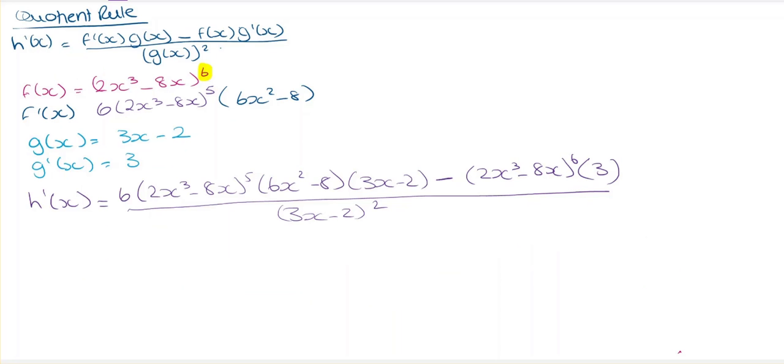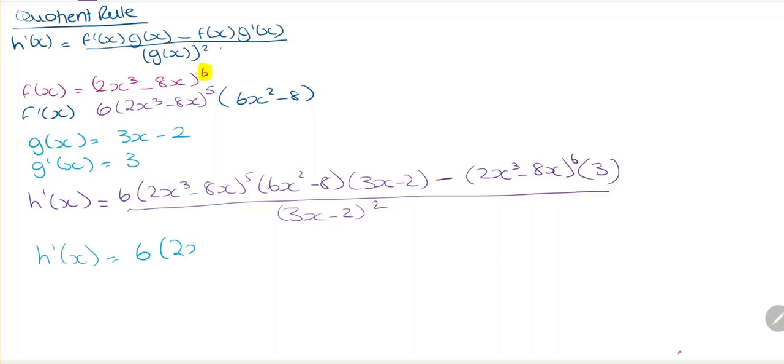Okay, so let's have a look at how we can simplify this. Our derivative of h. If we look at our terms, we can see that we have a 3x minus 2 here and a 3x minus 2 here. So I'm going to rewrite these as two separate fractions so I can simplify.